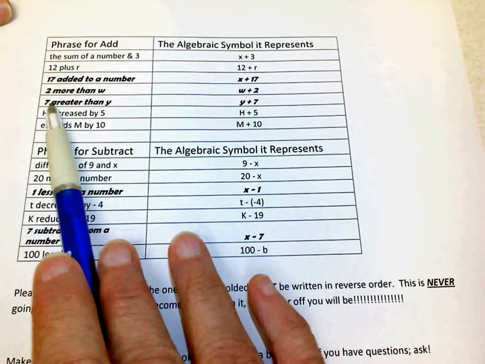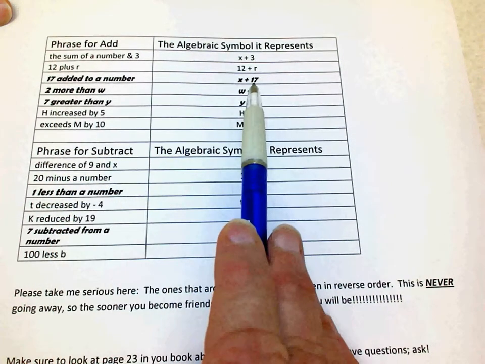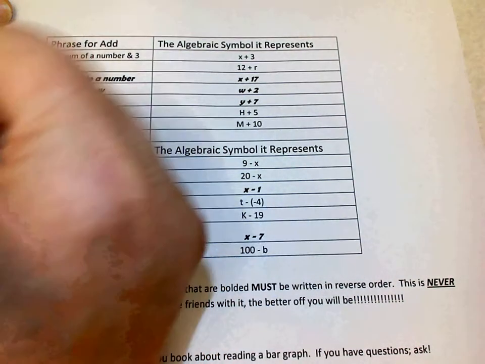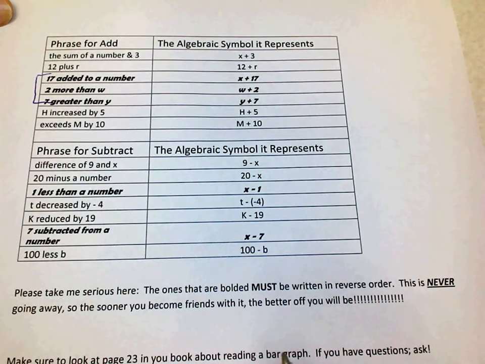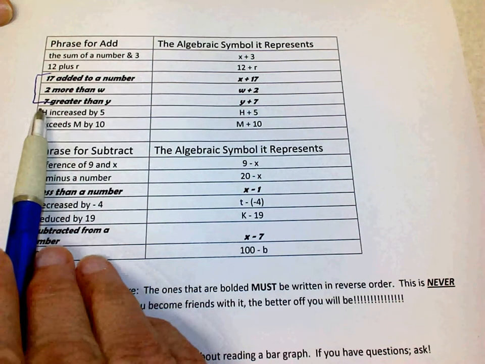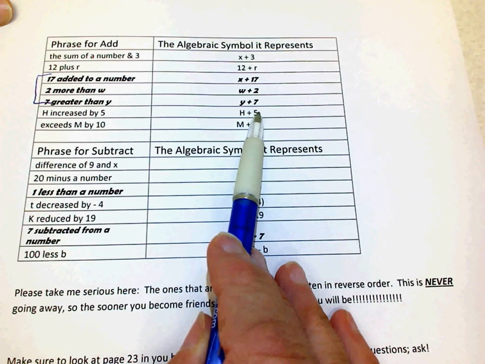Well, the reason these are bolded is because if the 17 is first, when you write it, it's the last item. So, these 3 you seriously need to learn, because the 17 comes last when you write the symbols.